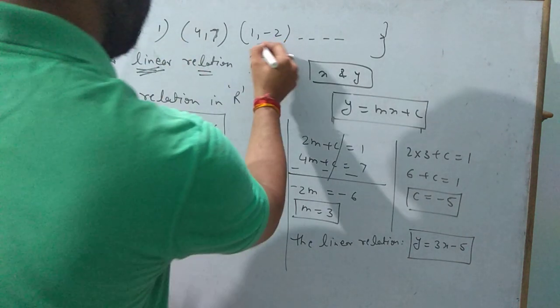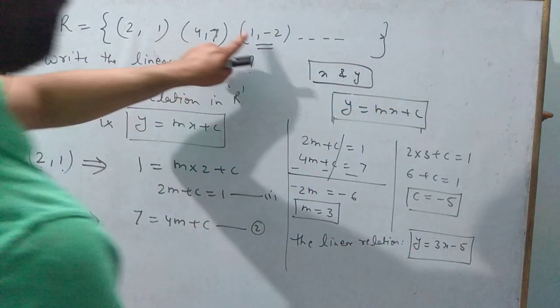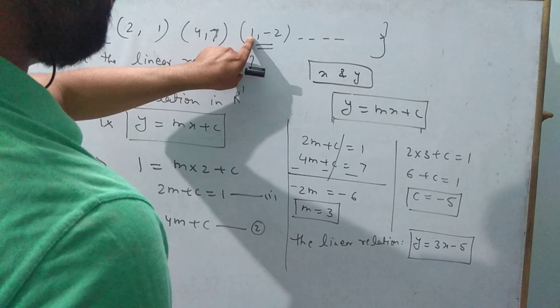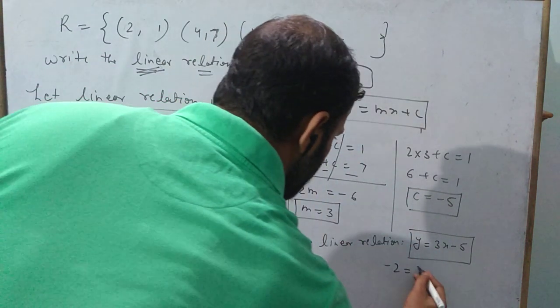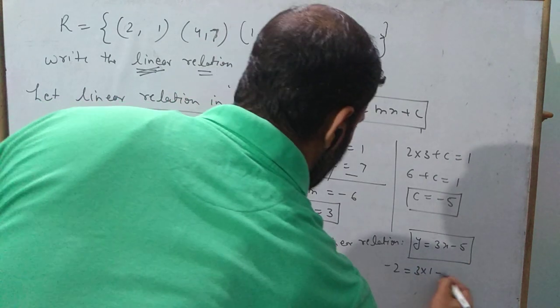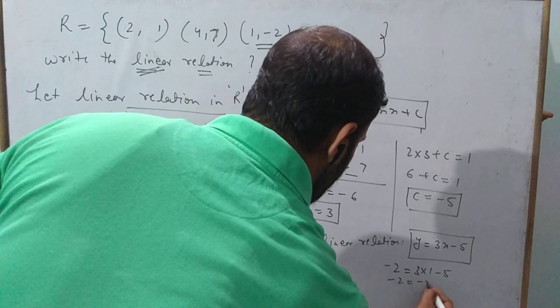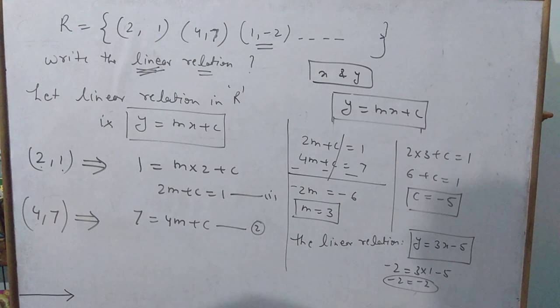This is the third one. If it is satisfied, substituting x = 1 and y = -2: 3 times 1 minus 5 is -2. Yes, it is the accurate linear relation for these ordered pairs.